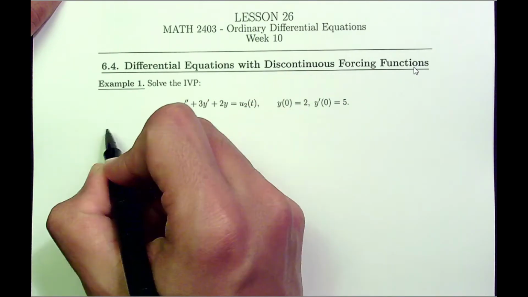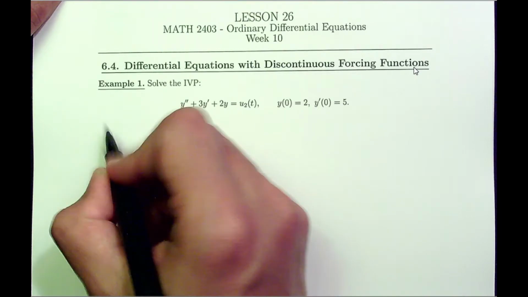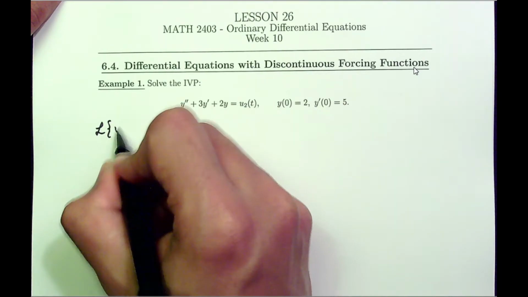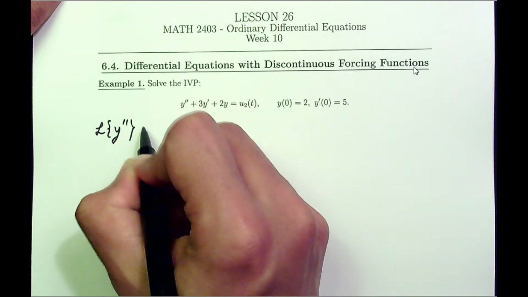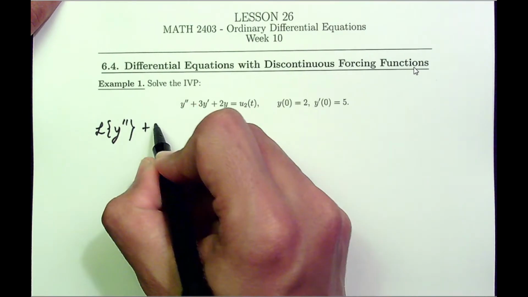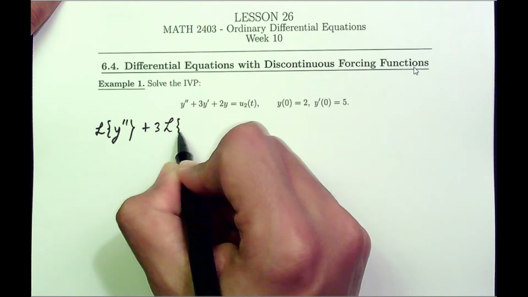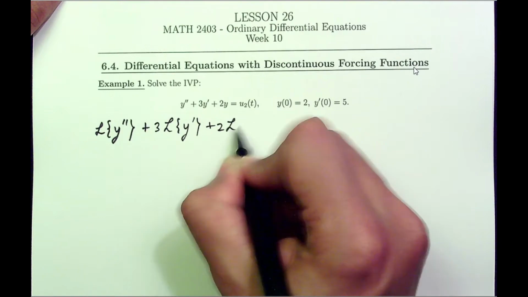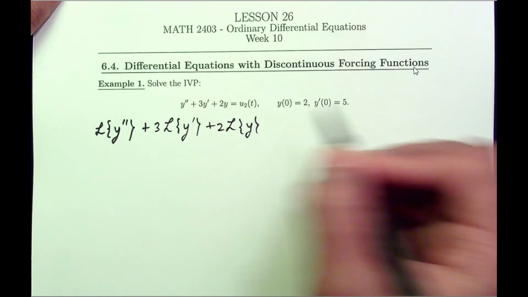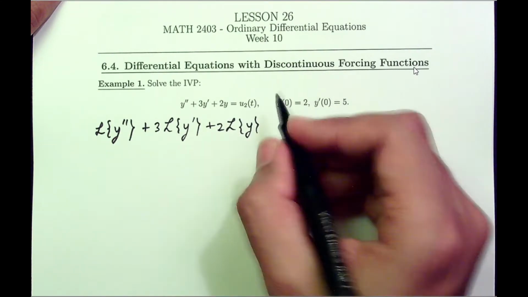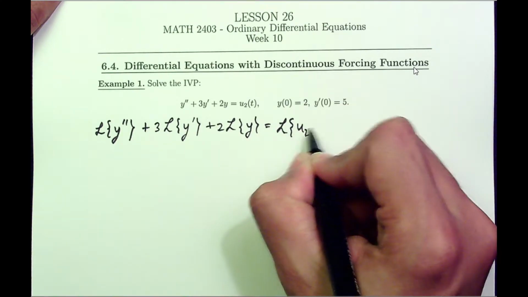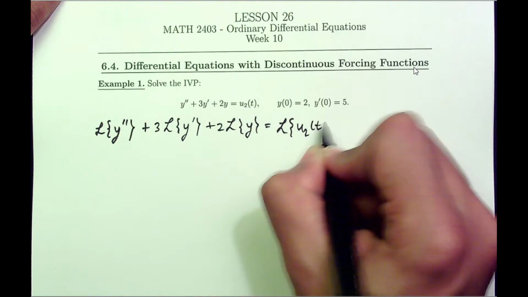So this is the Laplace transform of y double prime plus 3 times the Laplace transform of y prime plus 2 times the Laplace transform of y equals the Laplace transform of u sub 2 of t.